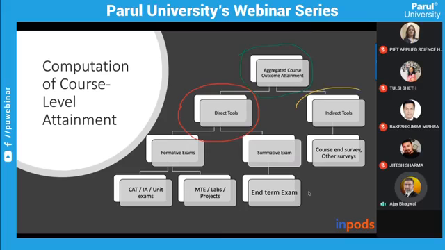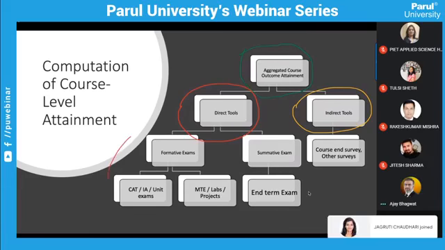So there are groups of direct and indirect tools. Direct tools are nothing but the formative and summative assessments, and indirect tools are the course end surveys and other surveys such as exit surveys. At the course level, there are course end surveys which are considered part of indirect tools. When it comes to direct tools, there is a further division into formative and summative assessments.